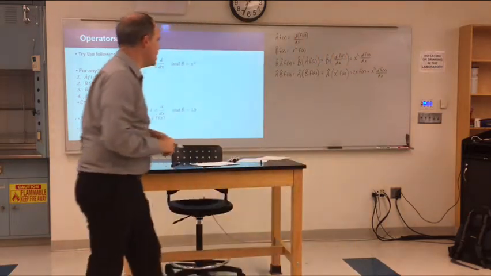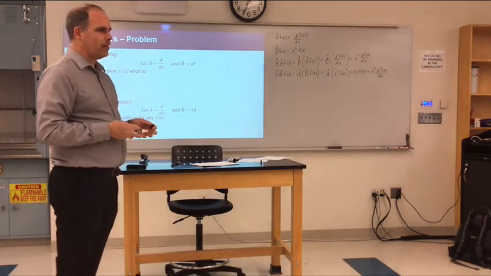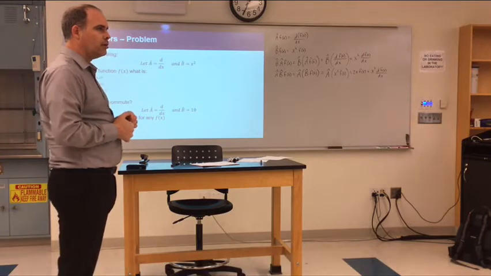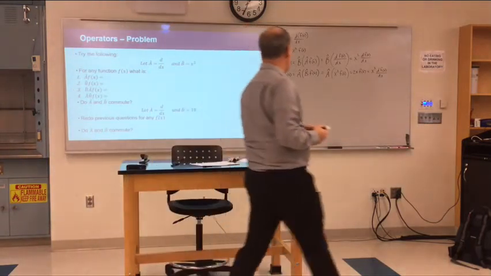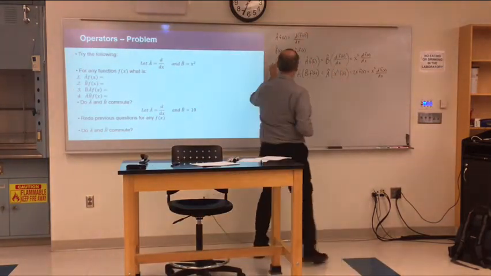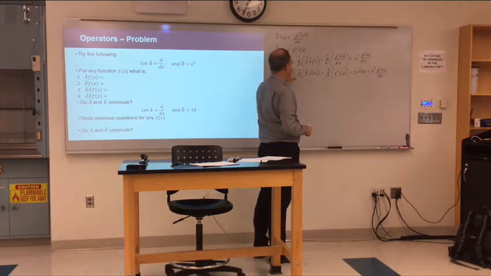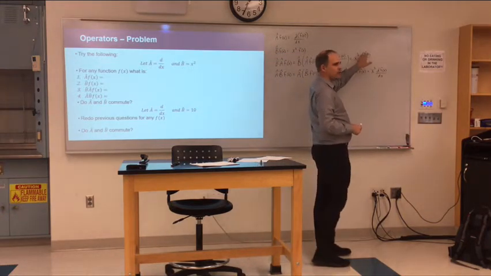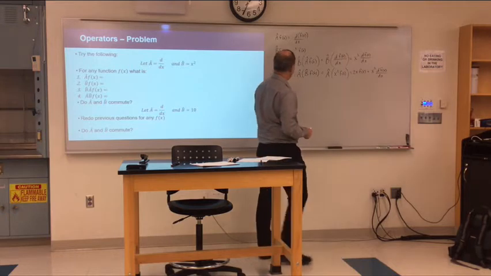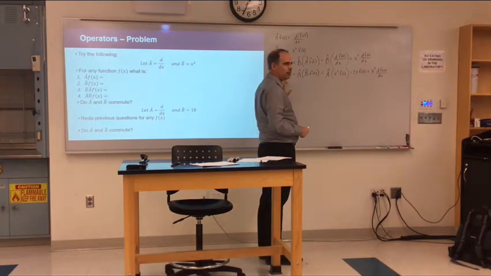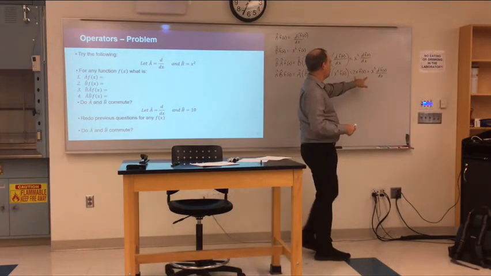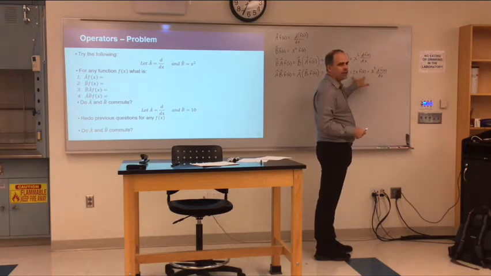Okay, so you can see that the order matters, right? If we do b hat a hat f of x, we get x squared times the derivative. If we flip the order and do a hat b hat f of x, we have this added term.